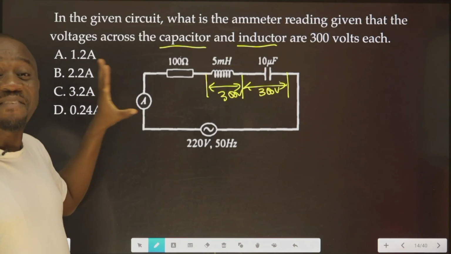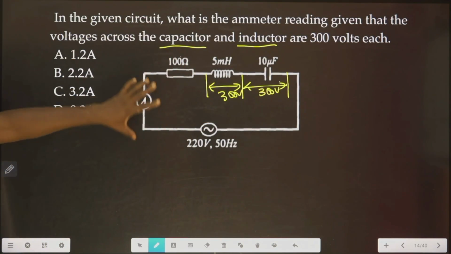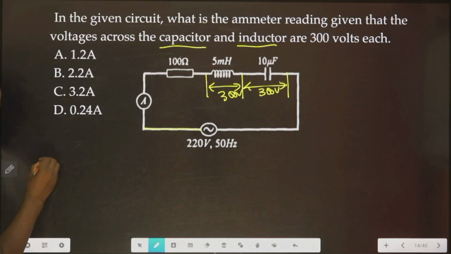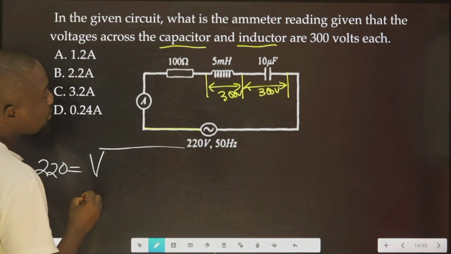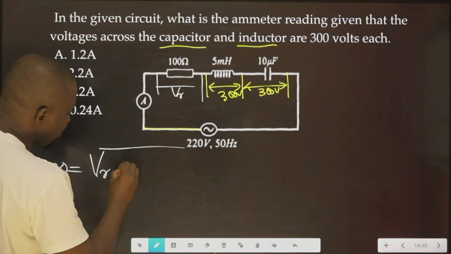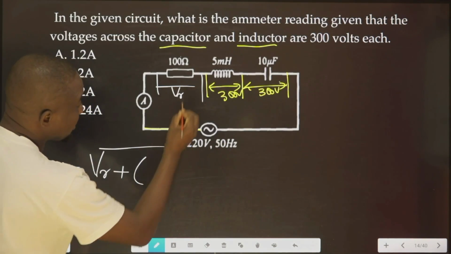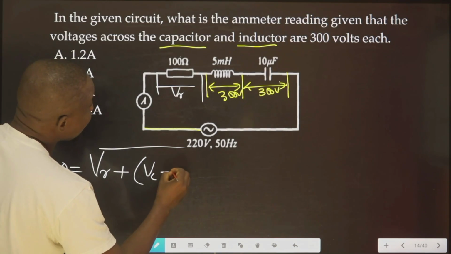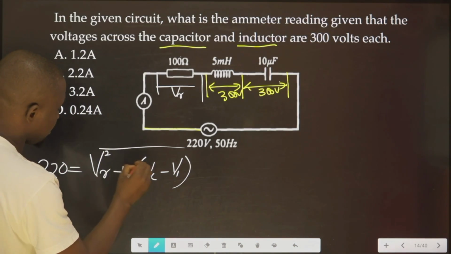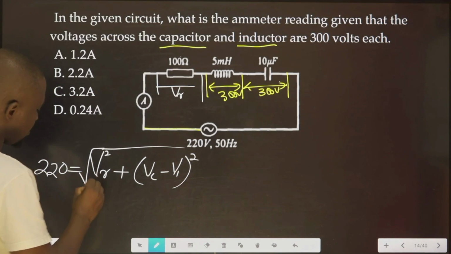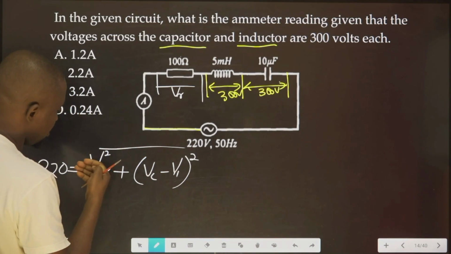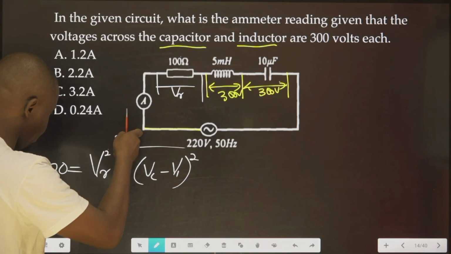So actually, the effective voltage here, that is the total across all of them, is equal to the square root of VR squared plus VC minus VL, all squared.